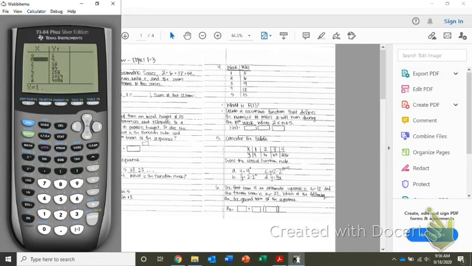When I plug in a 2, I should get out a 16. When I plug in a 3, I should get out a 64. When I plug in a 4, I should get out 256. Okay, so which one has to be my correct answer here? A. Okay.